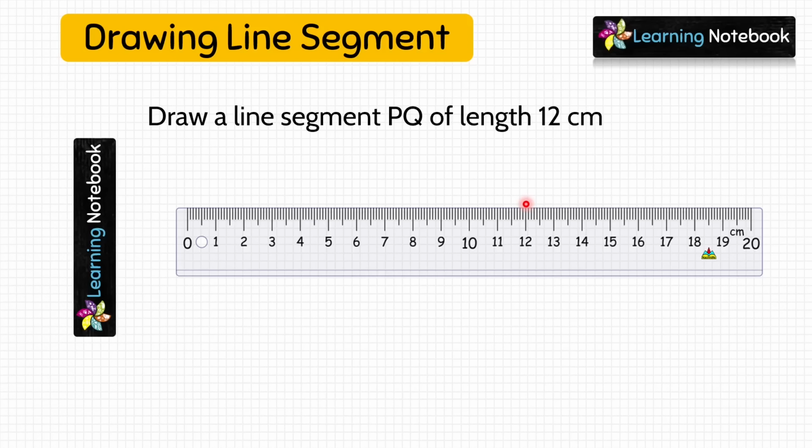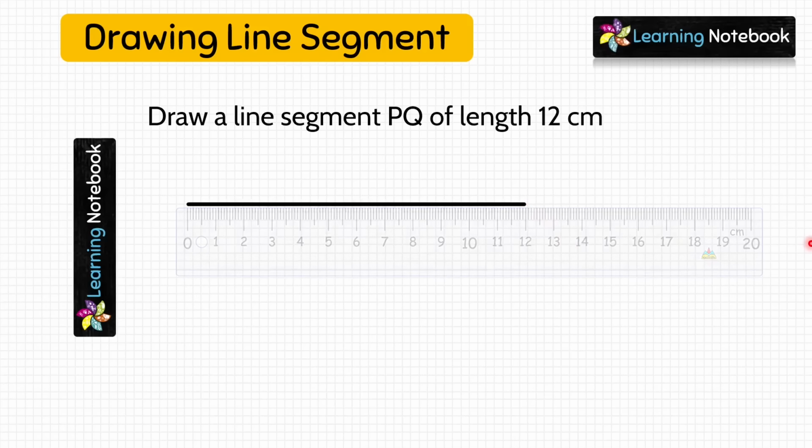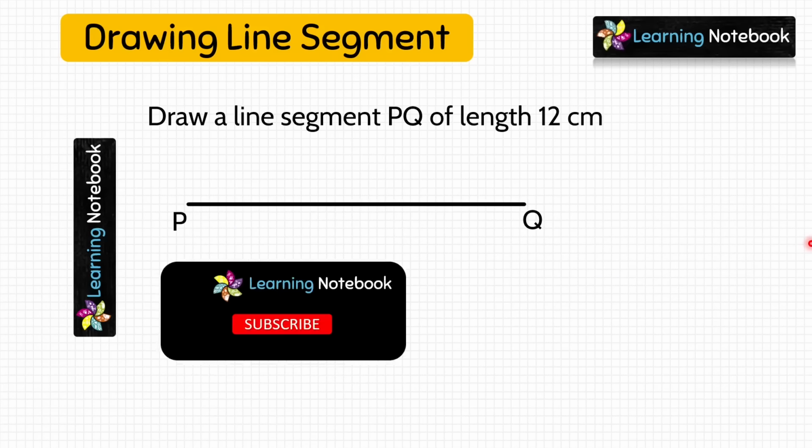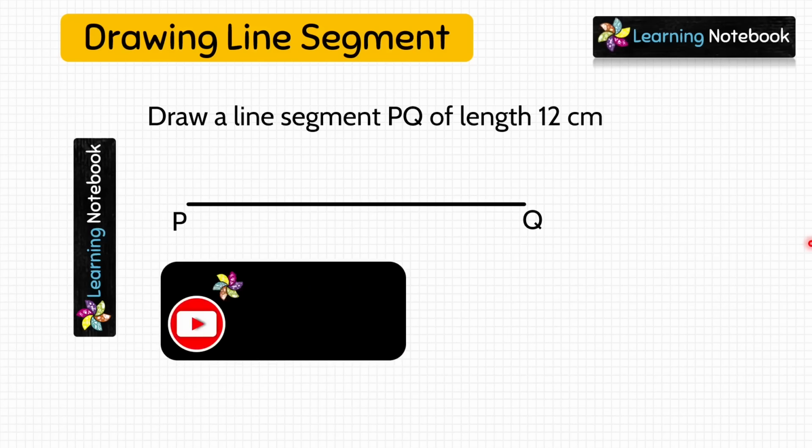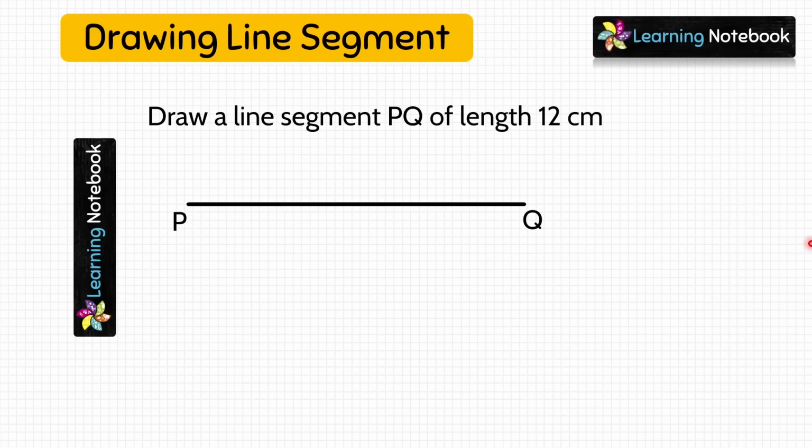And lastly, we will draw the line segment joining both these points to form line segment PQ of length 12 centimeter. So this is how we can draw a line segment of any length.